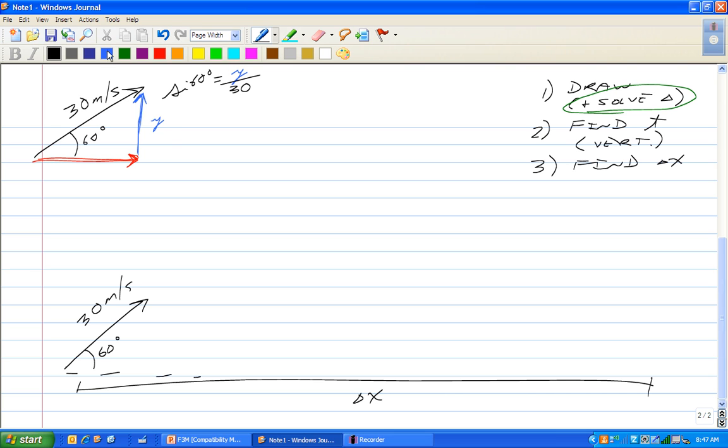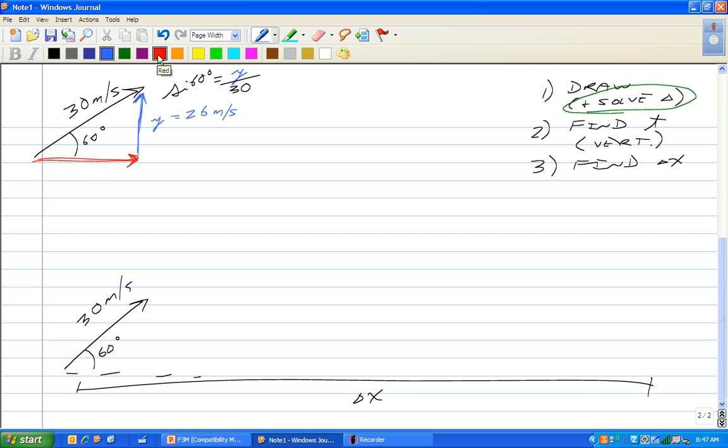Therefore y equals 26. 26 what? Good, meters per second. Because what it's saying is, if it's really going 30 meters per second at a 60 degree angle, then that's going 26 meters per second up.